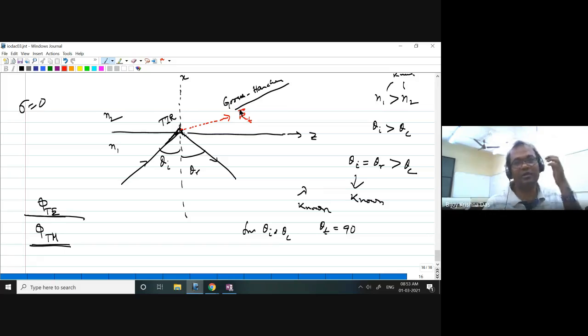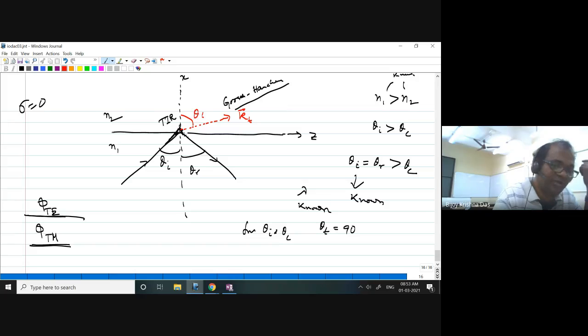Just imaginary, we are just considering. Some theta t you have to consider imaginary. I just consider that one is theta t, and assuming the existence of some wave propagating in that direction, I want to know what is happening to this kt.